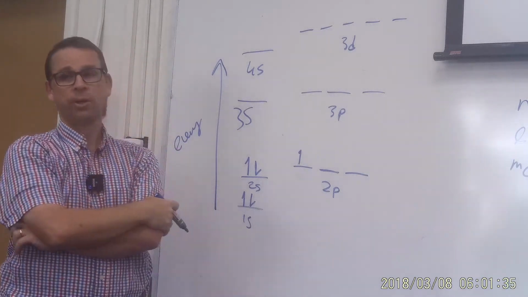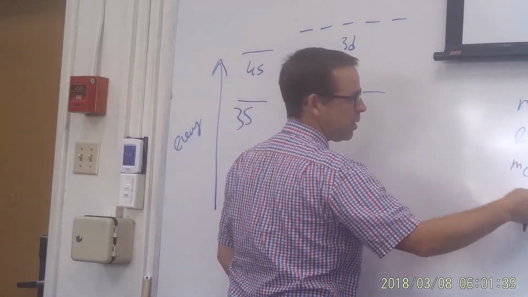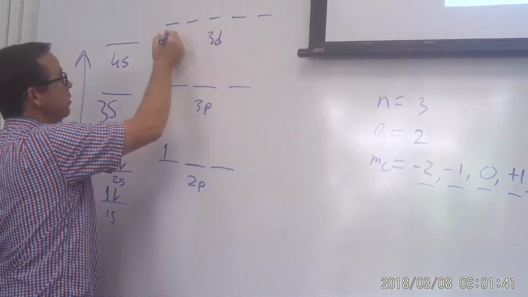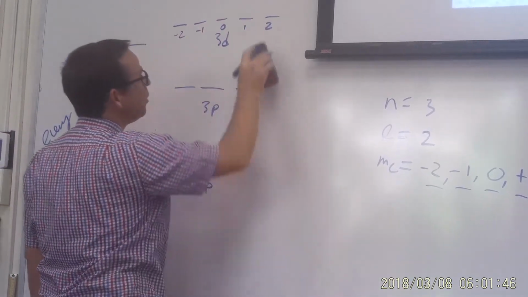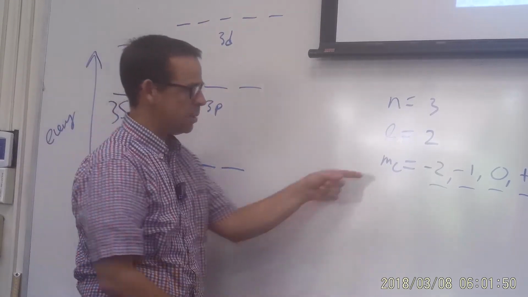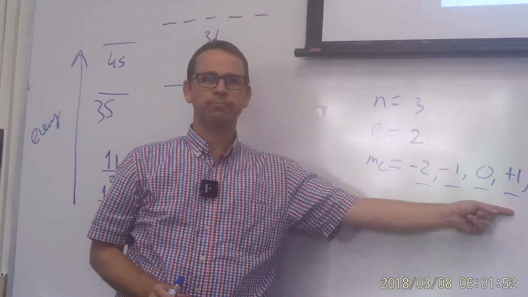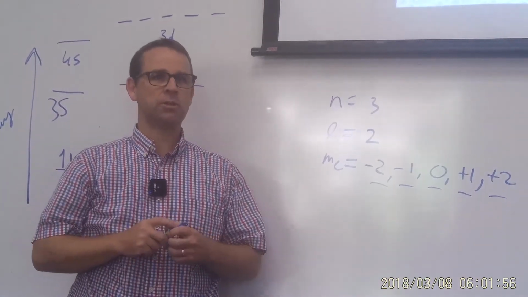F block, 3. So when L equals 2, there should be 5 different possible values for m sub L: -2, -1, 0, 1, and 2. They're all the same energy, though. What does m sub L indicate for us? Orientation. The orientation of our d orbitals.